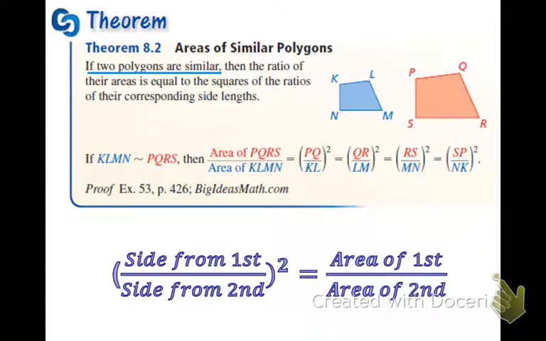So if two polygons are similar, then the ratio of their areas is equal to the squares of the ratios of their corresponding side lengths. The formula's right here. So you're going to take a side from the first, put it over the side from the second, and you're going to square them. And it will equal the area of the first over the area of the second.